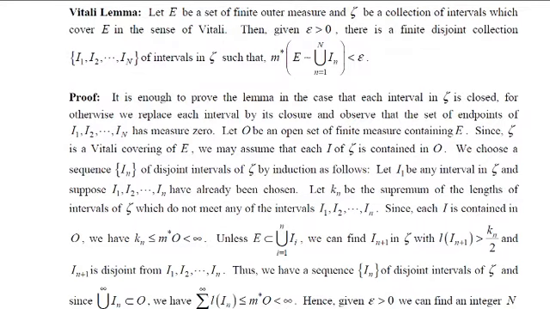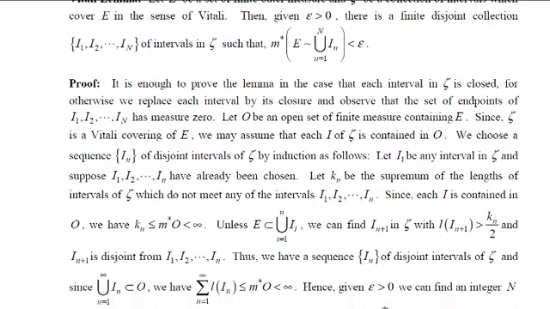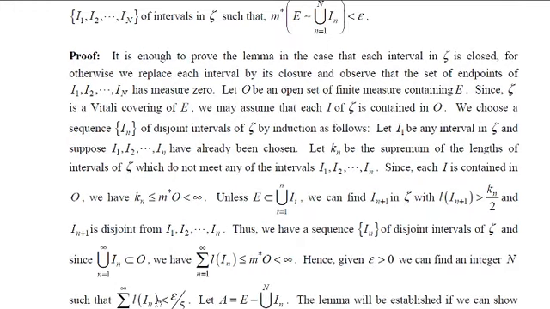Therefore, for given epsilon greater than 0, because this series converges, the tail goes to 0, so we have an integer n such that the summation n plus 1 to infinity of the length of In is less than some arbitrary number, say epsilon by 5.